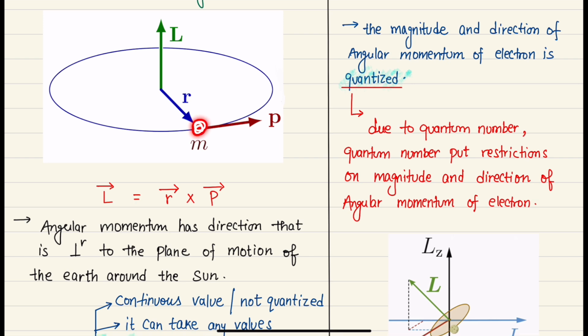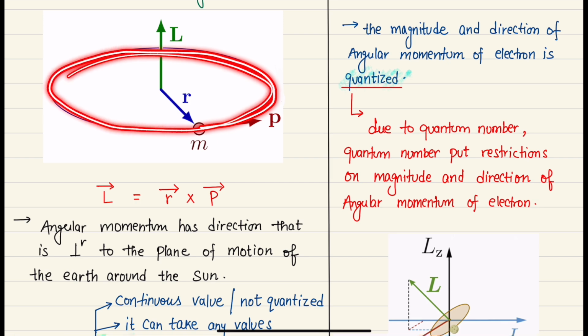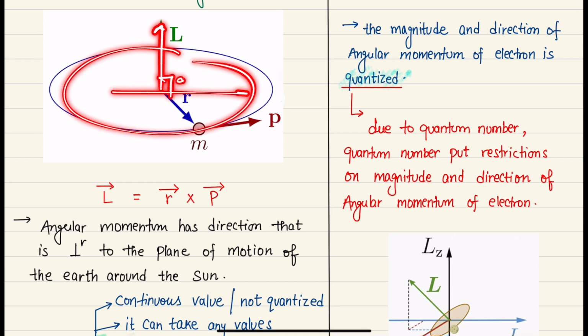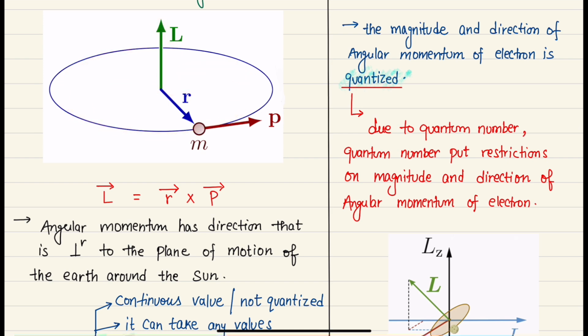Suppose this is your mass m of Earth and it is revolving around the sun in this plane. So the angular momentum vector direction will be perpendicular to this plane.